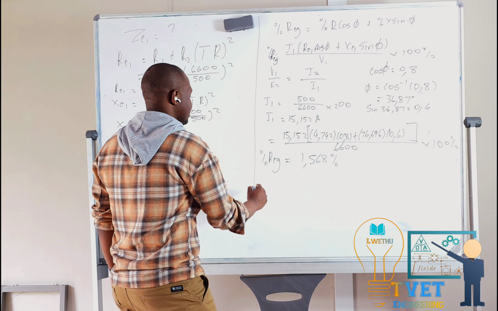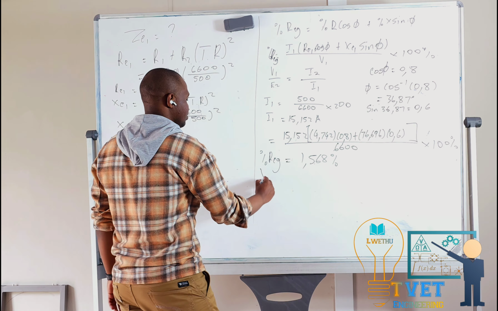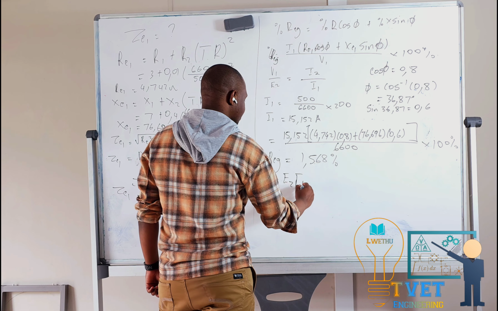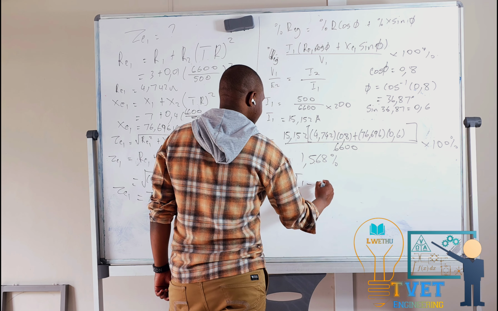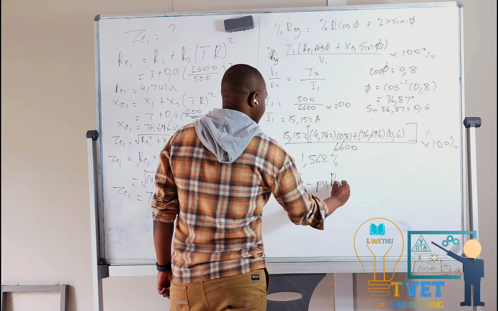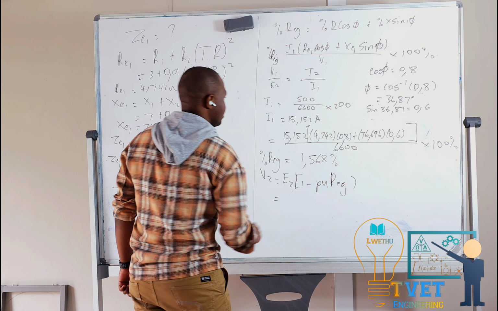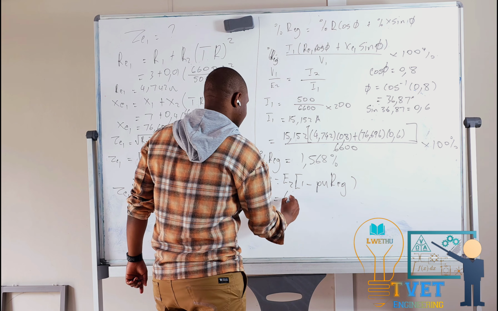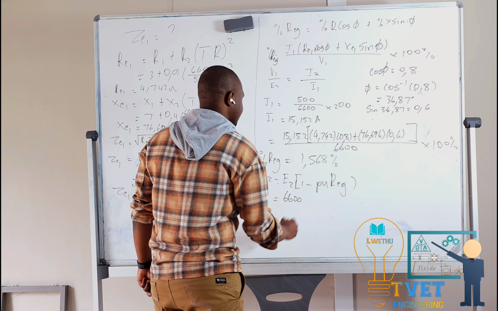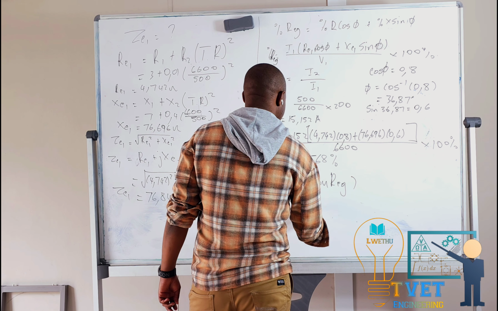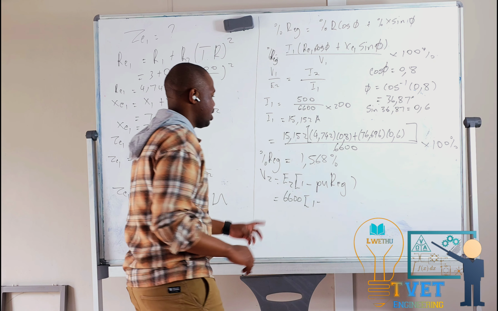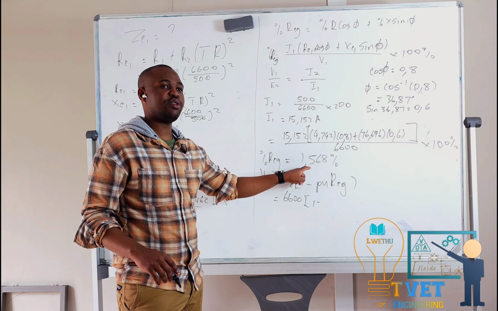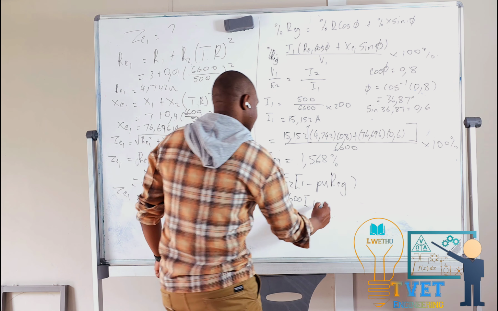The terminal voltage is V2, which is E2 times open brackets, 1 minus the per unit regulation. E2 is 6,600, which is the induced EMF in the secondary. 1 minus, what is the per unit regulation? This value divided by 100.